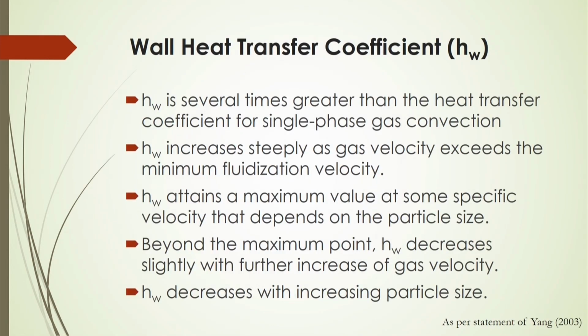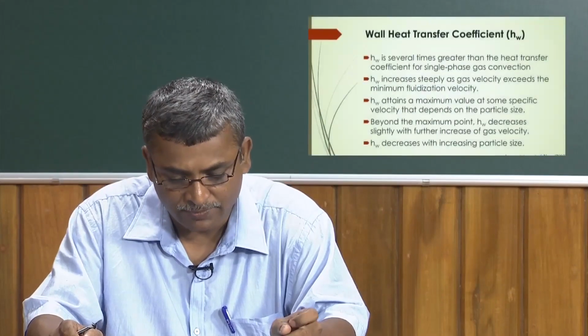This wall heat transfer coefficient will of course change because of different operating conditions, and it is seen that it will be several times greater than the heat transfer coefficient for single phase gas convection. And this wall heat transfer coefficient increases very steeply as gas velocity exceeds the minimum fluidization velocity.